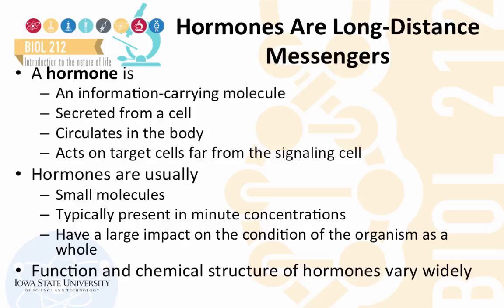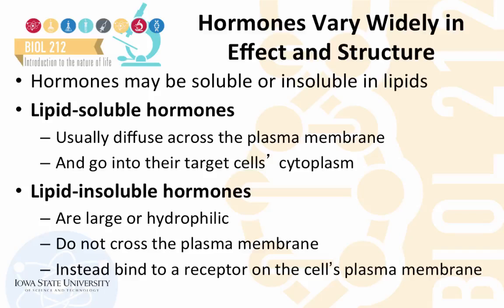The chemical structure and function of hormones may vary widely. They may be soluble or insoluble in lipids. Hormones that are soluble in lipids usually diffuse across the plasma membrane easily, since the plasma membrane consists of a lipid bilayer. These hormones then go into their target cell's cytoplasm to communicate the signal to the interior of the cell.